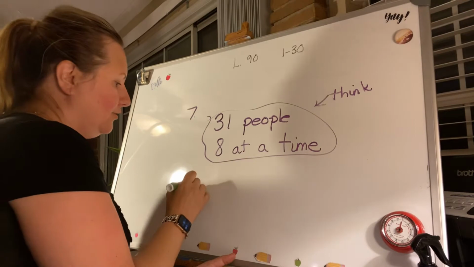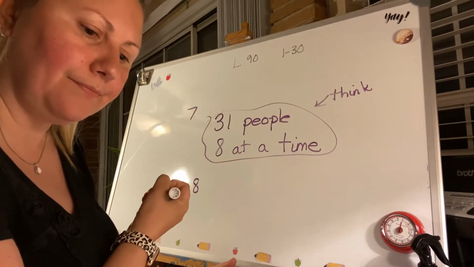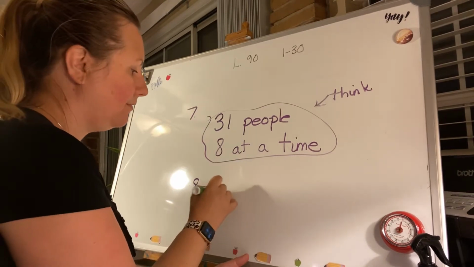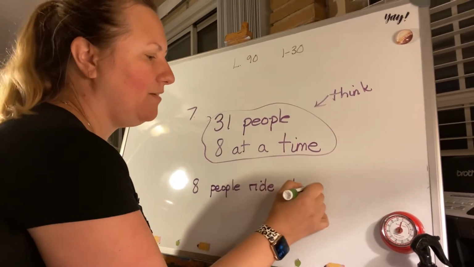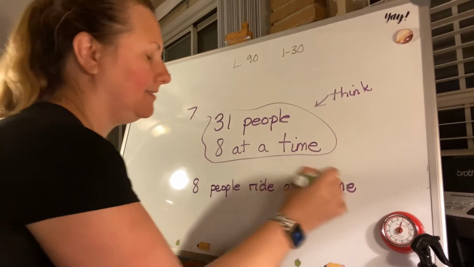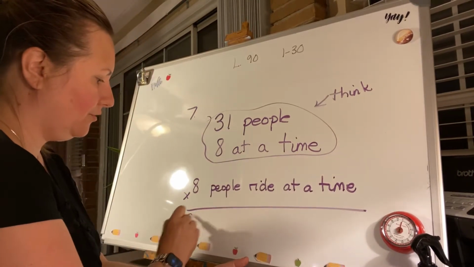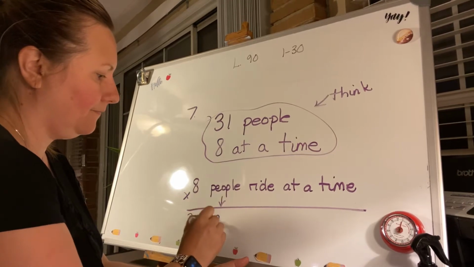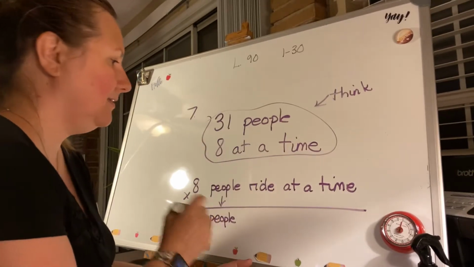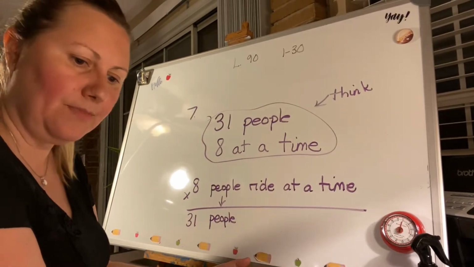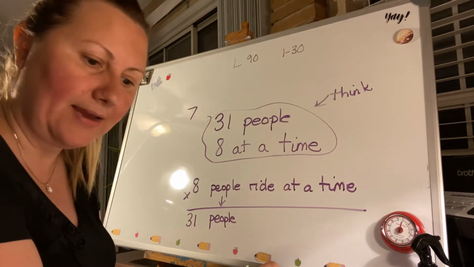But then I should say 8 people ride at a time, because now I'm going to go ahead and write the sentences that we normally write. So 8 people at a time. We know there's 31 people, right? We put the total in the answer. And 8 people ride it at a time. And how many people will be on the last ride?